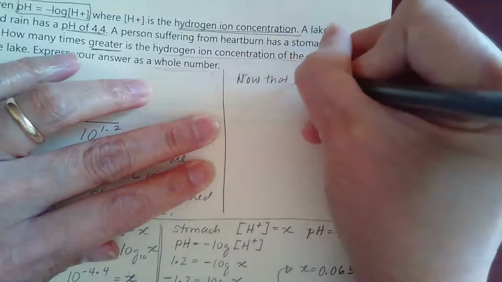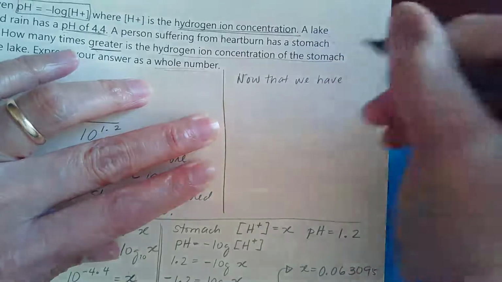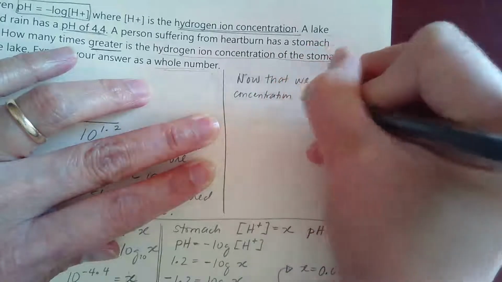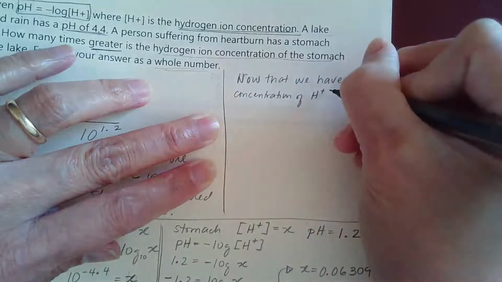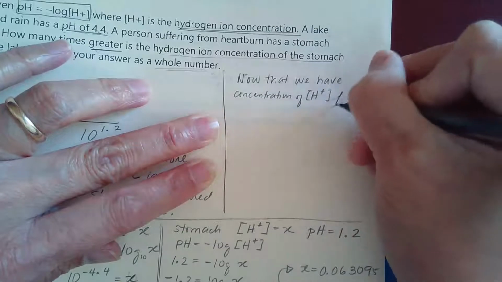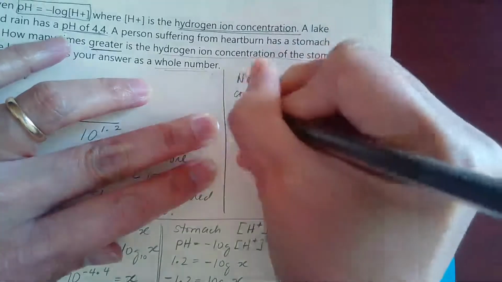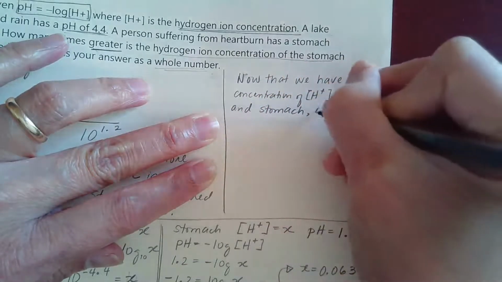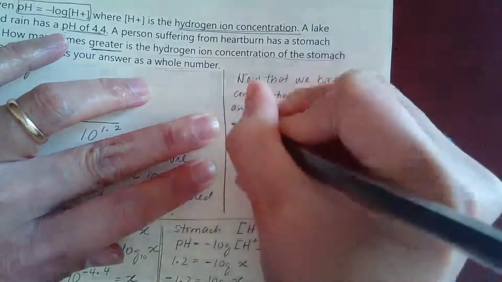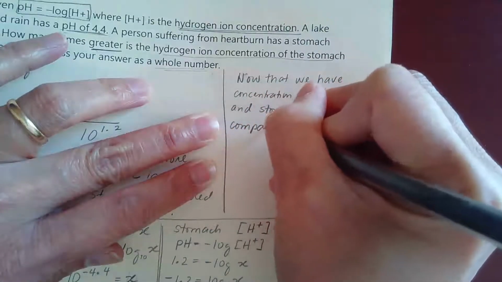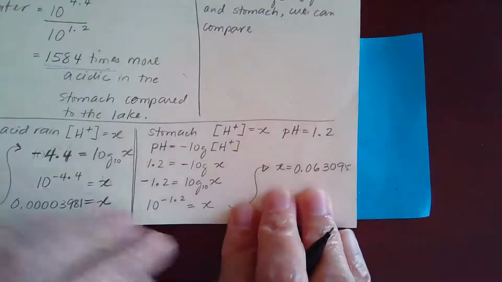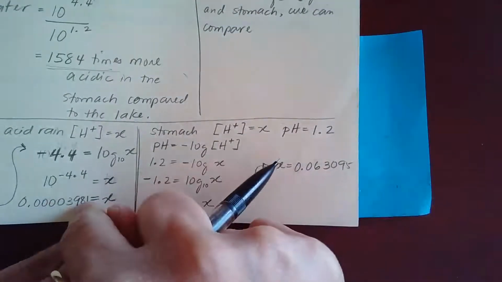Now that we have the concentration of H plus, hydrogen ion, for the lake and stomach, we can compare it. Okay, so we can just take, this one is so much bigger compared to the other one.